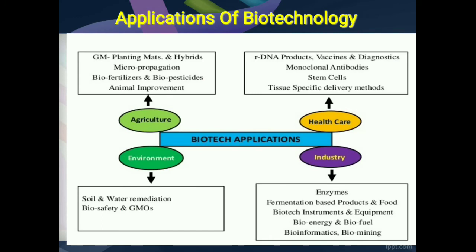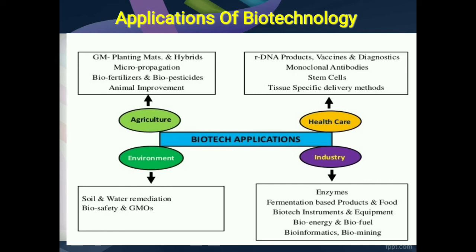There are different applications of biotechnology, like genetically modified plants, hybrids, micropropagation, biofertilizers, biopesticides, and animal improvement for agriculture. Also rDNA products like vaccines, diagnostics, stem cells, and tissue specific delivery methods.